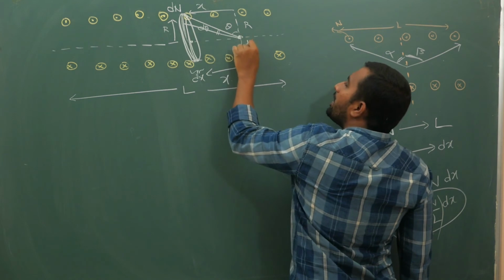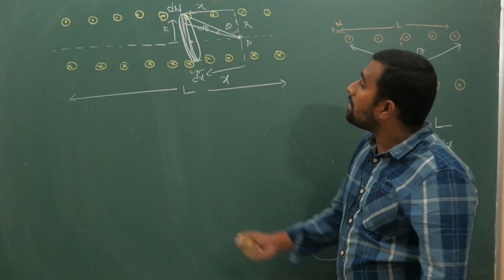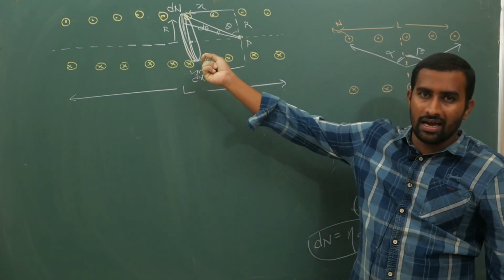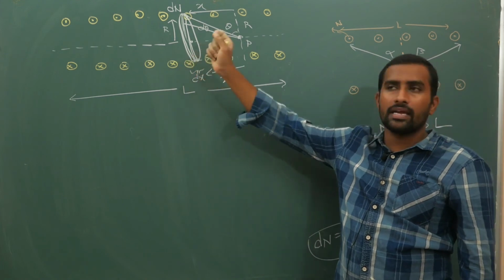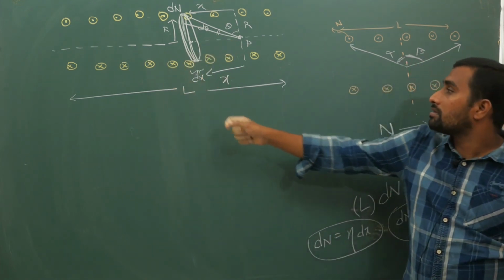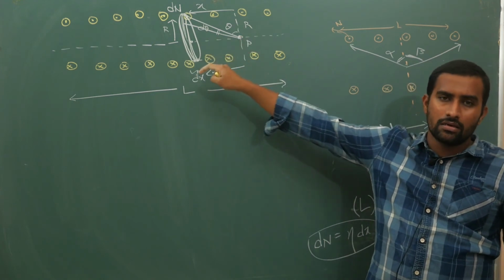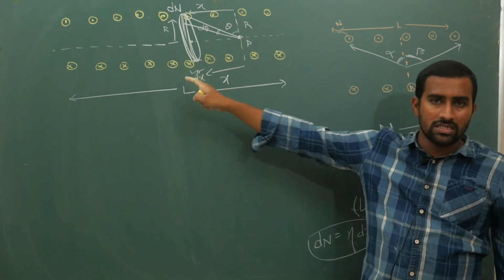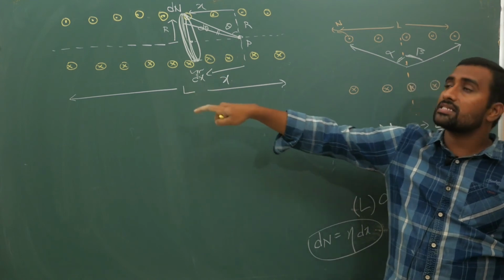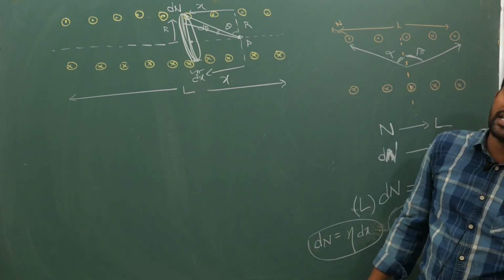Now this point P is on the axis of a ring which is carrying current, indirectly. This small portion dx is equivalent to a ring which contains dn turns.